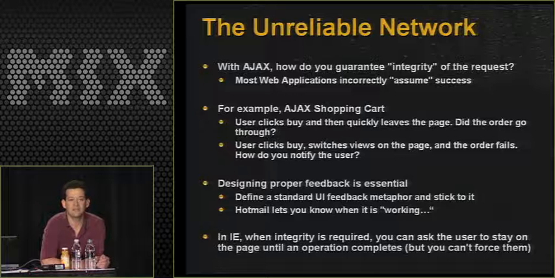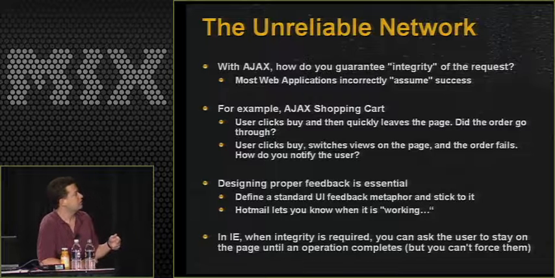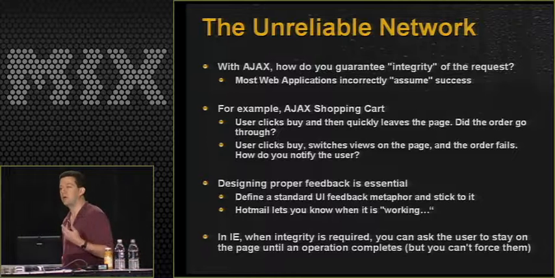You may not have realized that maybe your order system was never reliable, but in the historical web model, the 404 error people were getting, they were refreshing, and the order was still going through. Now with the AJAX model, since maybe you had made the mistake and assumed success, all your orders are getting lost, and the user doesn't realize they never got placed. So one of the big things you need to do is make sure you provide proper feedback.